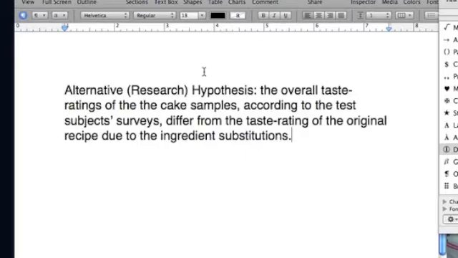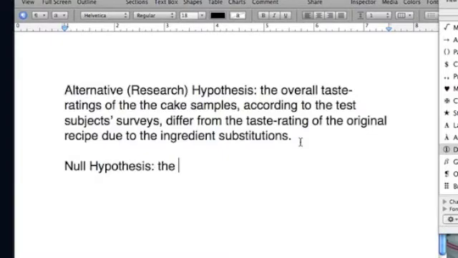It says, well, we're expecting a difference between what and what, between the cake samples and the original recipe, and via what? Via the test subject surveys. And why? Because of ingredient substitutions. Excellent. So mutually exclusive to this is the null hypothesis, which is essentially the opposite.